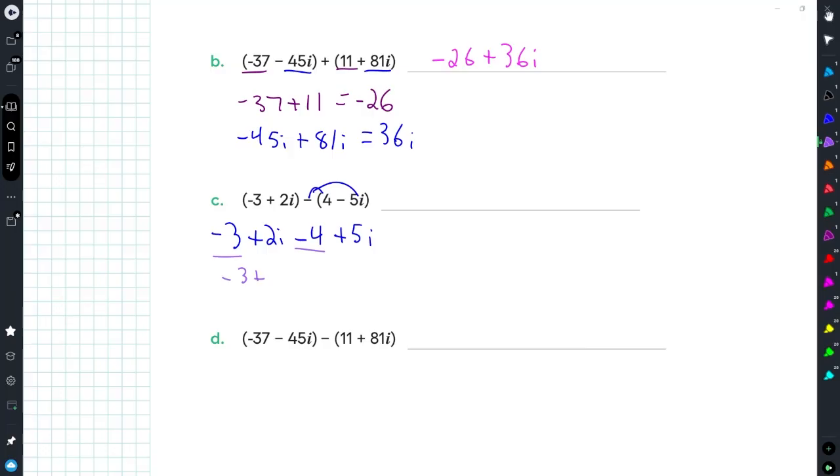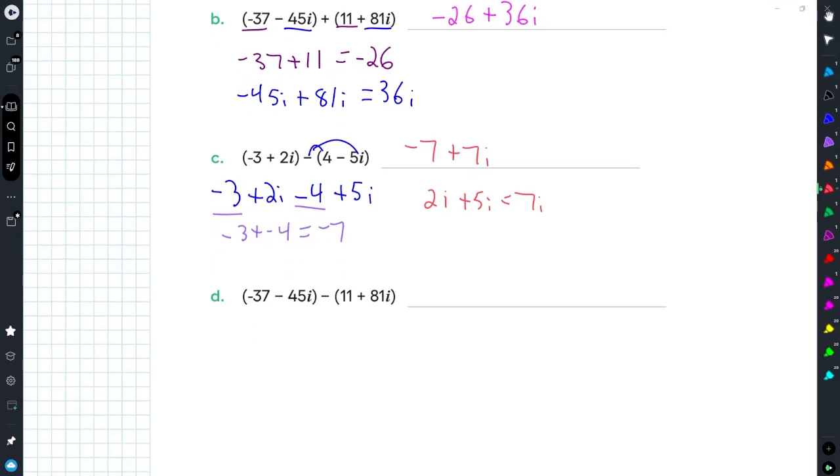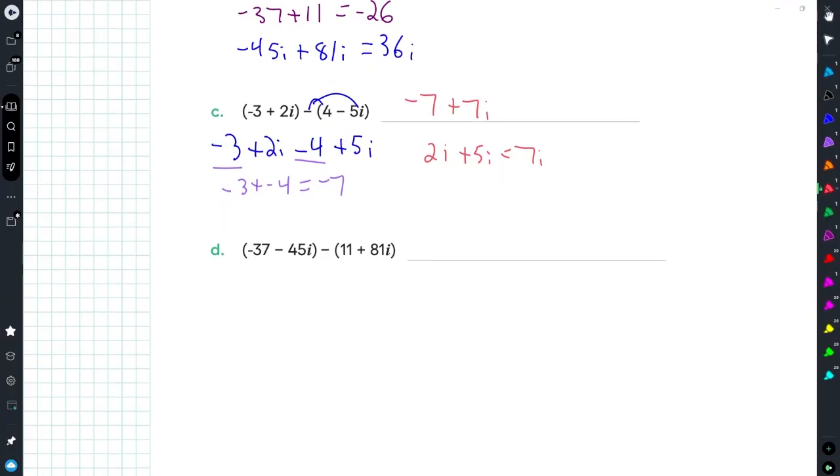Negative 3 plus negative 4 equals negative 7. And then 2i plus 5i is 7i. So negative 7 plus 7i is our complex number.